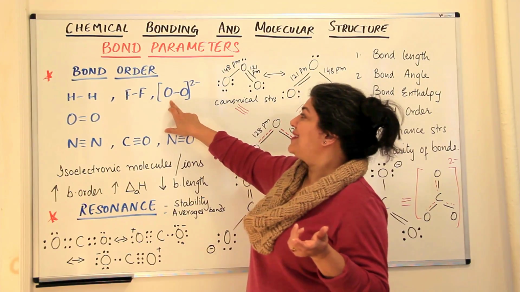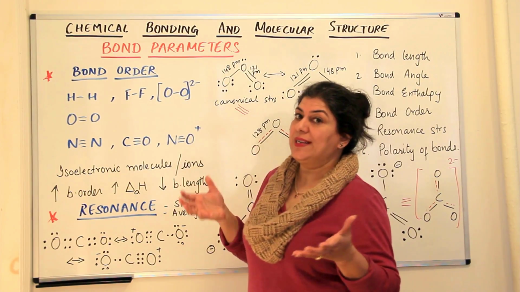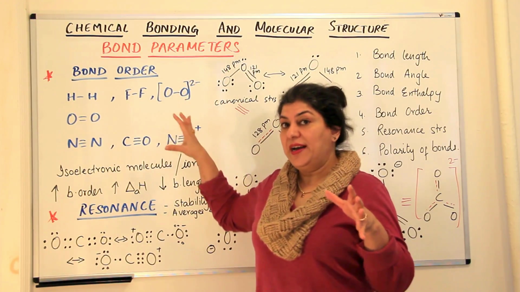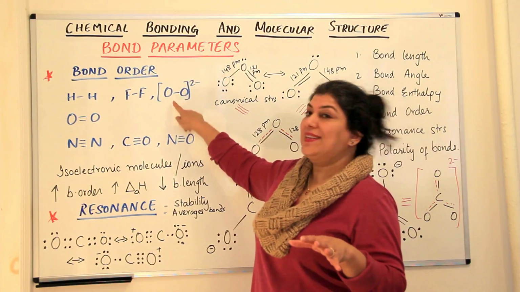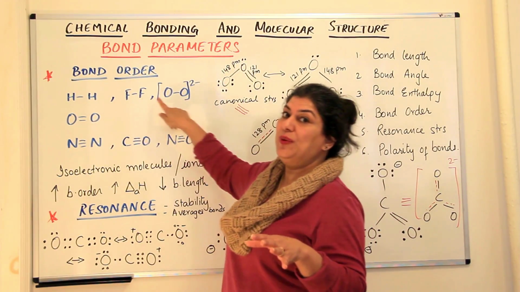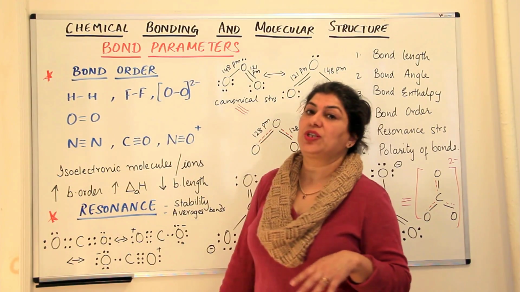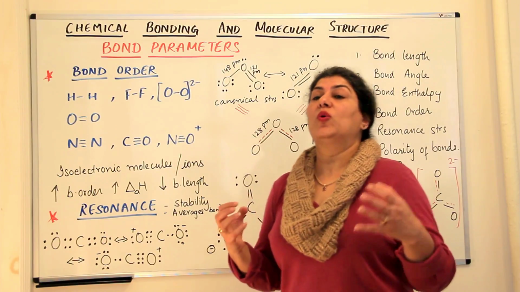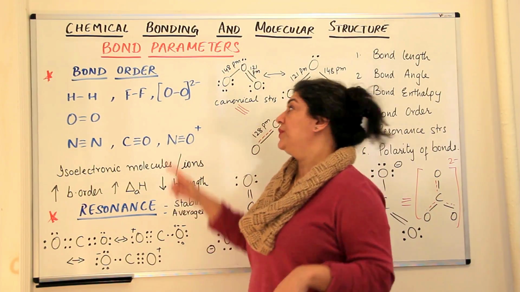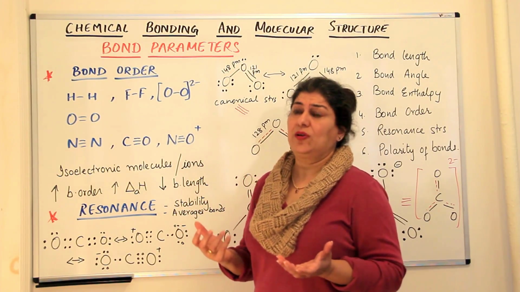And oxygen has 6 electrons in its outermost shell, and the other oxygen also has 6, but O2 2-, the negative ion, would have 2 extra electrons, so 6 plus 6 is 12 plus 2, 14, which becomes equal to the number of electrons in fluorine. So these two are isoelectronic species. So O and O in O2 2- would also have the same bond order, that is, the bond order of 1.